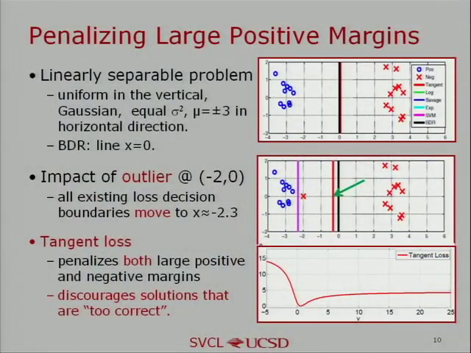And actually, when I was building this toy example to get the point across of why it's important to sometimes penalize being correct, if you actually add another x to where that far left one is, the tangent loss will also place its boundary close to negative 2.3 because now there's too much penalty for classifying 2 points wrong.